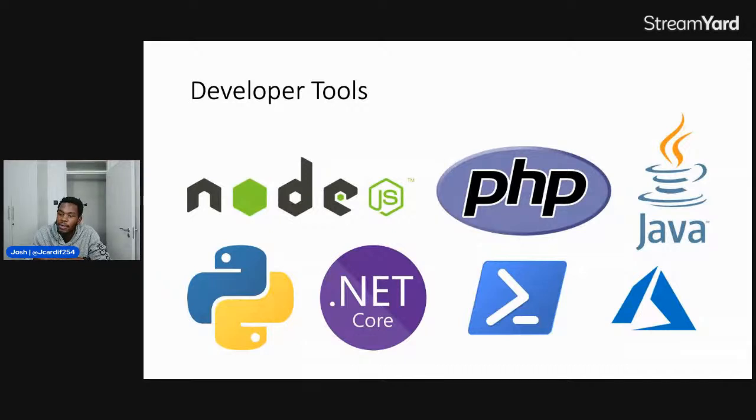That's because the default codespace environment comes with Node.js, PHP, Java, .NET Core for .NET developers, also Azure CLI, Python, and PowerShell. So you get some things to get started, but the most important thing is you can extend this with the different tools that you use for development, and we're going to see that as we progress.